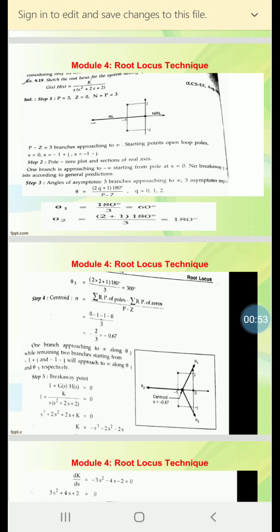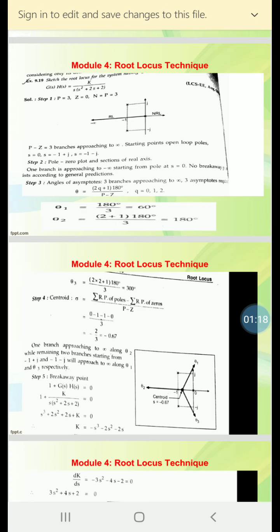One pole is at the origin due to s, and s² + 2s + 2 represents a complex conjugate pole pair at -1 + j and -1 - j.